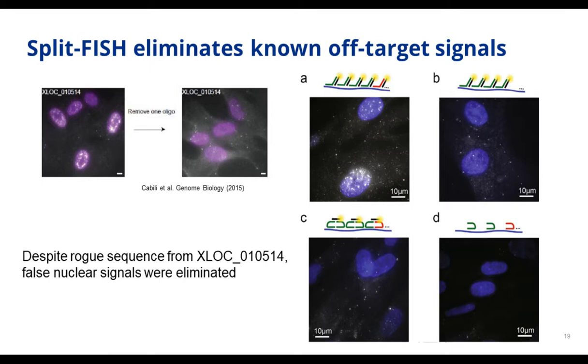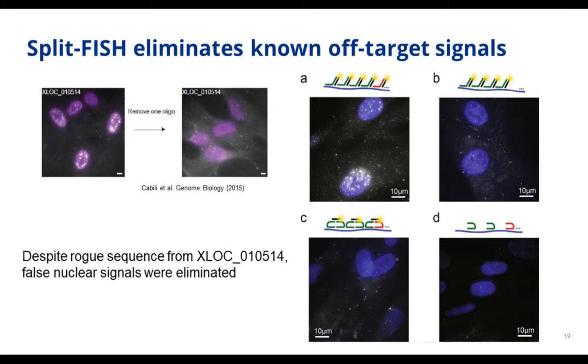But what is really encouraging is that when we introduce the partner to all the probes, when we make them split probes, even with these off-target probes, this rogue probe is not able to give off-target signals.